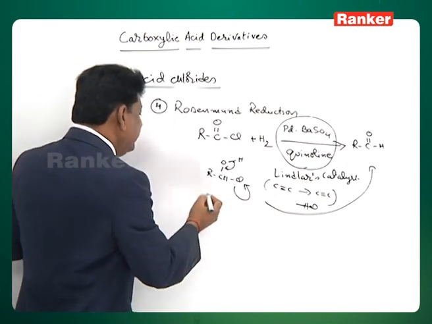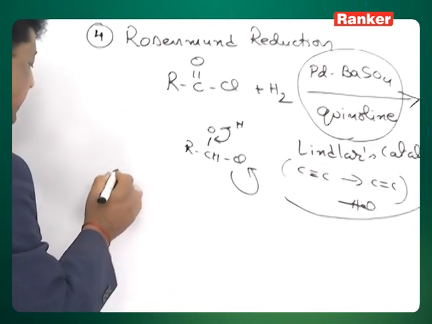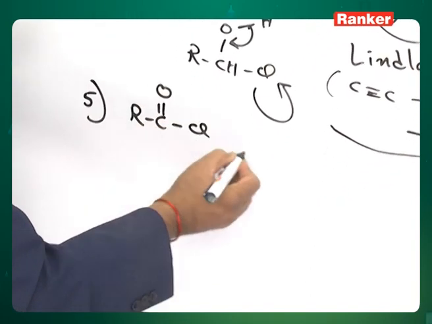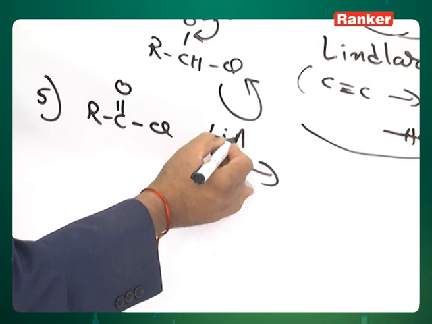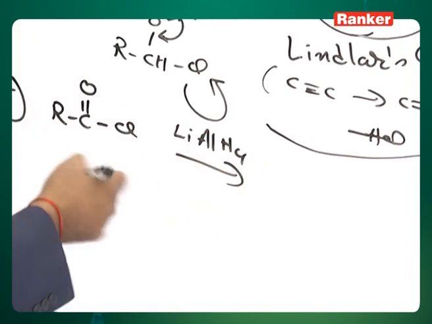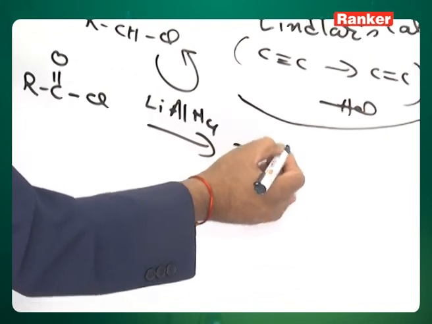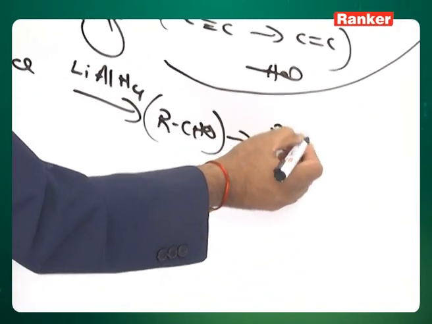In fact, the regular reduction of RCOCl is with lithium aluminum hydride. If I use lithium aluminum hydride, in the reduction first you will get the aldehyde. The aldehyde undergoes further reduction to give RCH2OH.